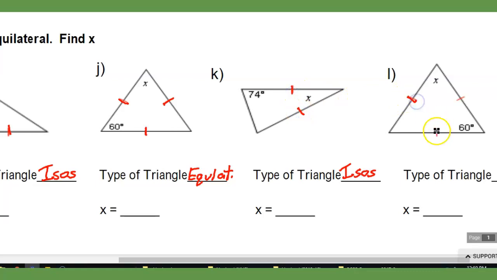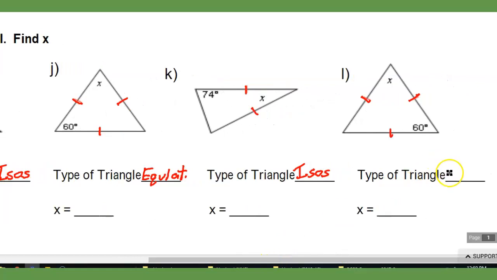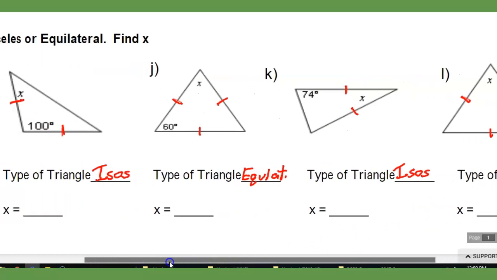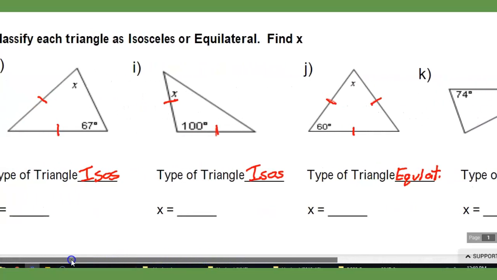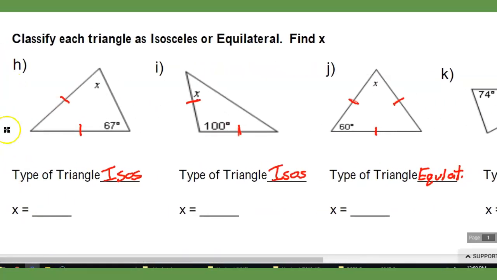And three sides congruent. There we go. And we can find each of these measurements doing what we have been doing today and yesterday.